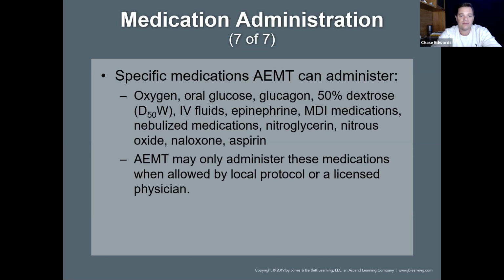Nitrous oxide. Naloxone. Aspirin. And then you may have other medications that you can administer based on your local protocols also.